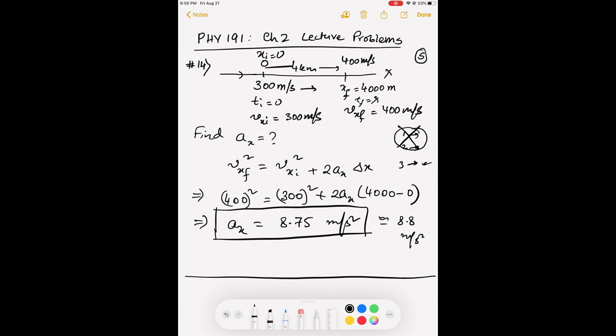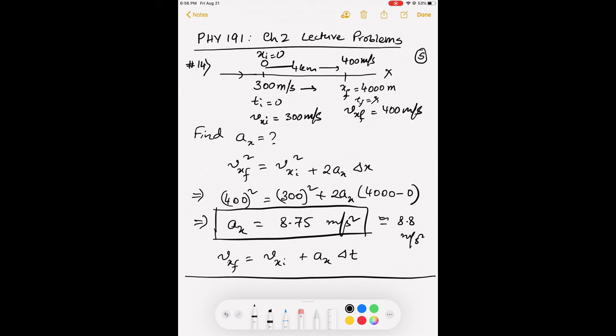Remember that even though there is no time given here, if you wanted to, you could actually find that time tf using the very first equation. For example, if the question was what is the time taken by the jet plane in covering that distance, you could easily use vxf equals vxi plus ax delta t.